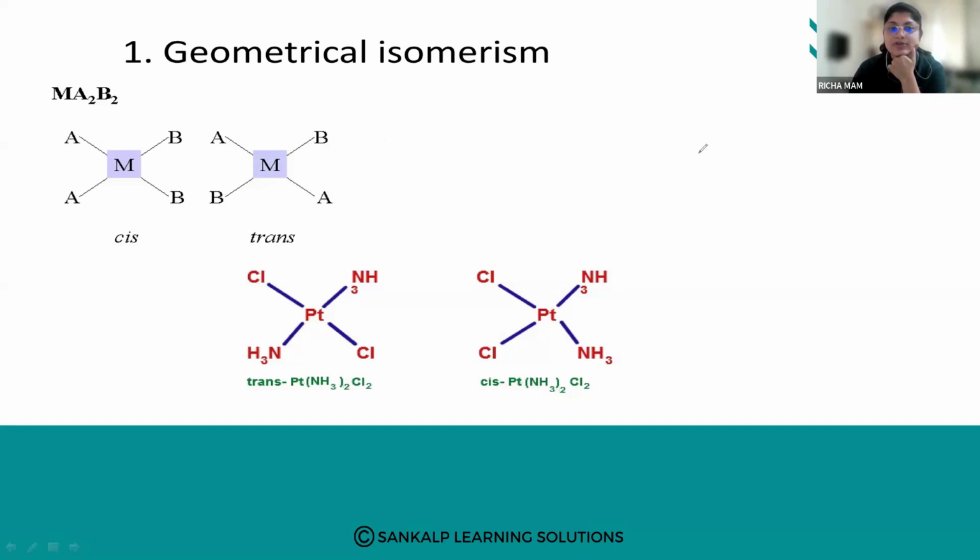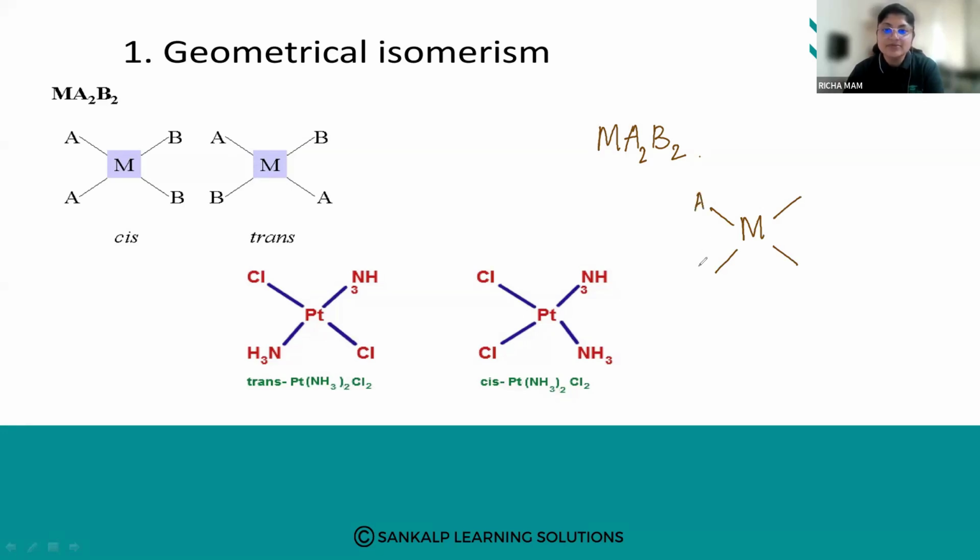Suppose we have a metal, which we represent as M, and we have two types of ligand, A and B. The number of ligands of A is 2 and the number of ligands of B is 2. The arrangement of the ligands around the central metal atom depends on that.